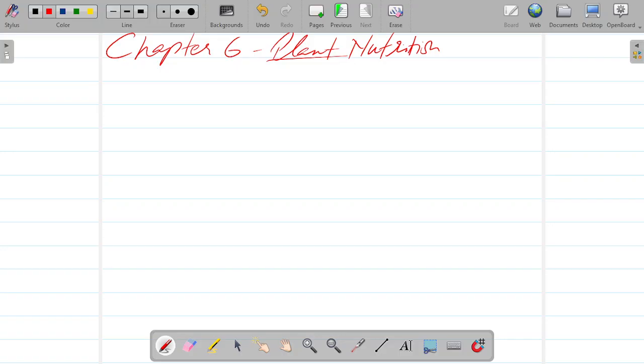And I'm actually beginning with the description of the structure of the leaf. So let's start with that.